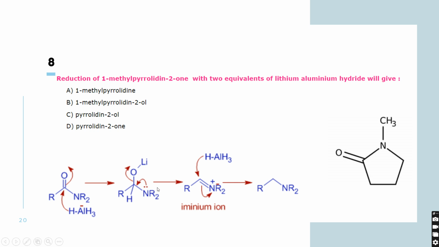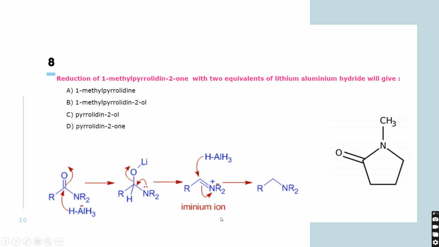Then the lone pair of electrons from the nitrogen will be pushed towards the carbonyl carbon, and your oxygen will be completely knocked out from your substrate, and in turn you will get an iminium ion.